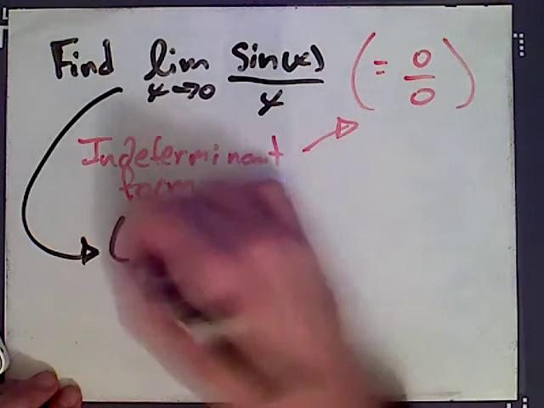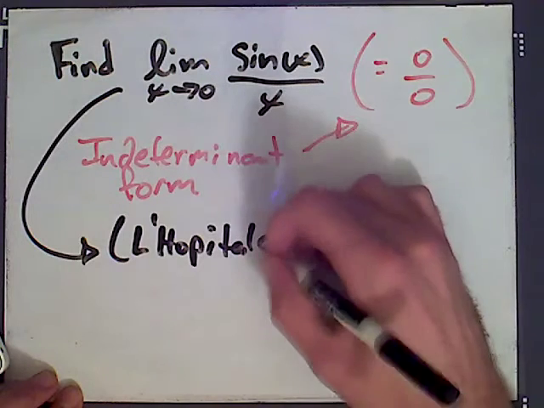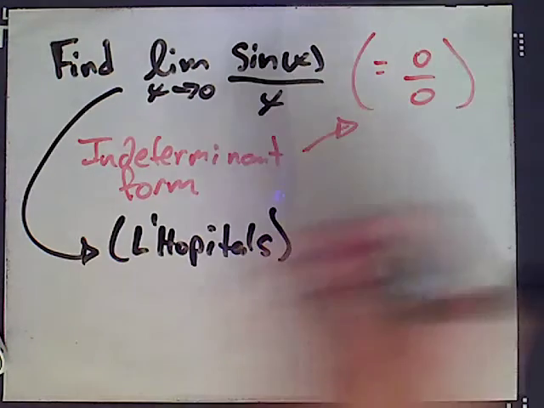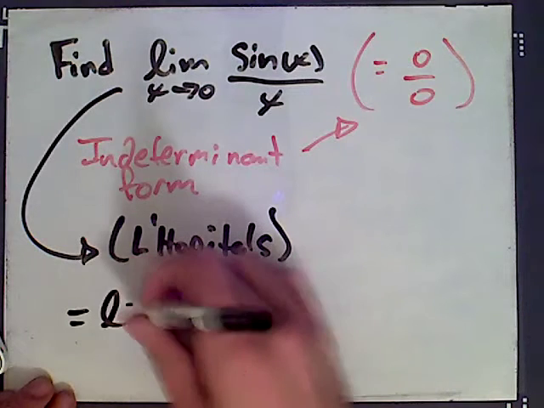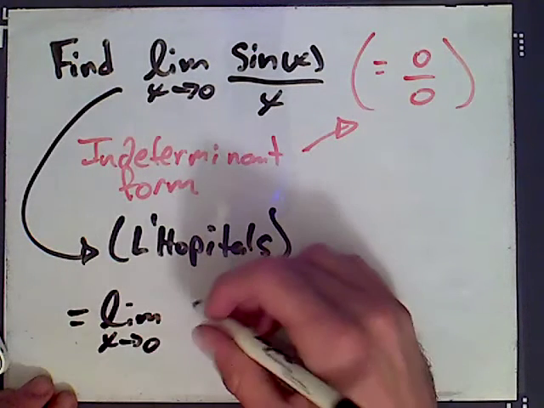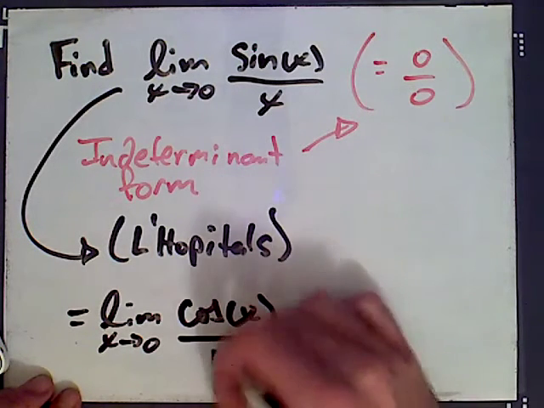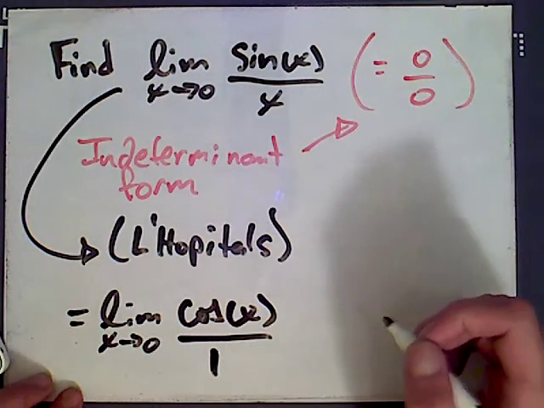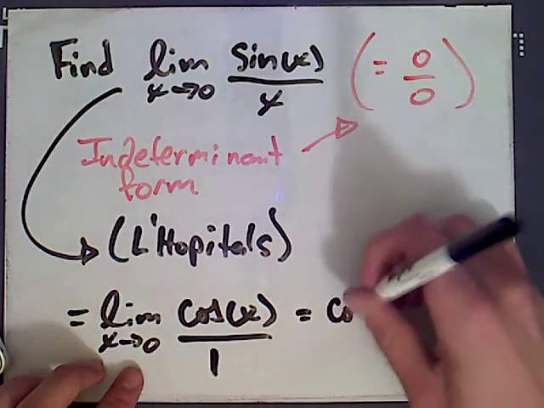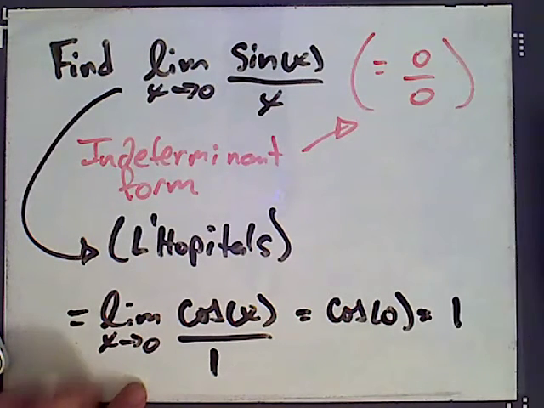The limit of the top is 0 and the limit of the bottom is 0. So using L'Hopital's rule, this equals the limit as x goes to 0 of the derivative of sine, which is cosine of x, over the derivative of x, which is 1. Now we can just evaluate the limit by plugging in x equals 0. This is cos of 0, which equals 1.